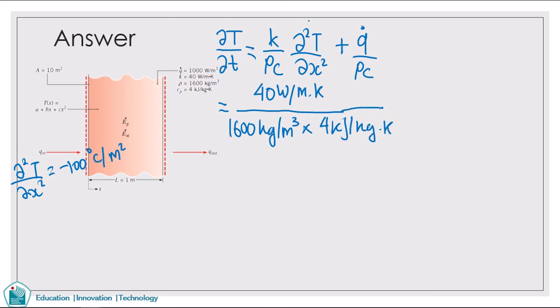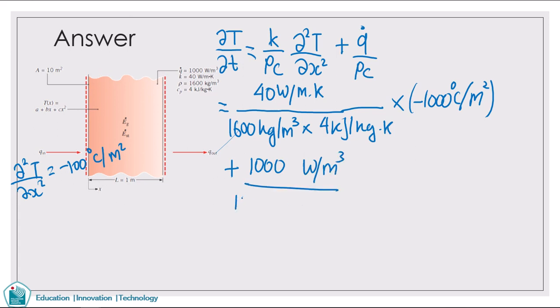Okay, this is the first term, and plus Q dot, which is 1000 watt per cubic meter, over this one, multiplied by the value of this one, minus 100 degrees C per square meter.